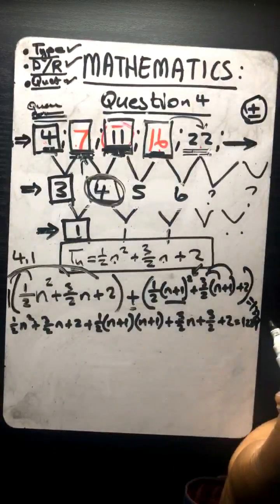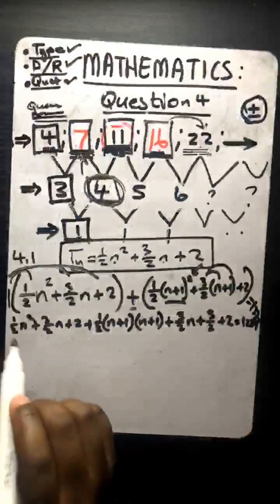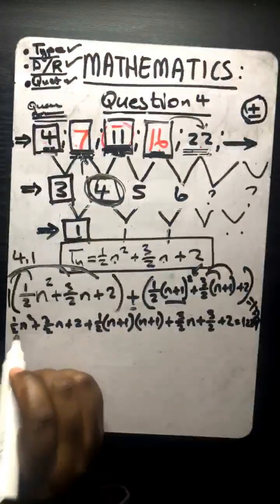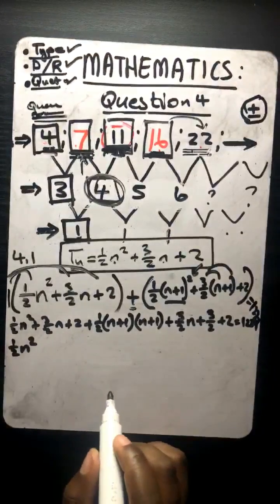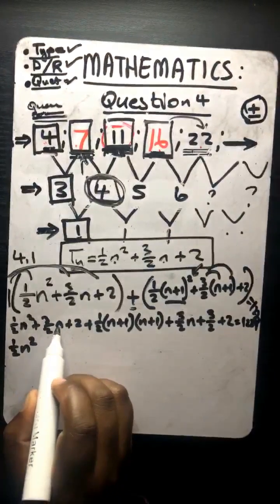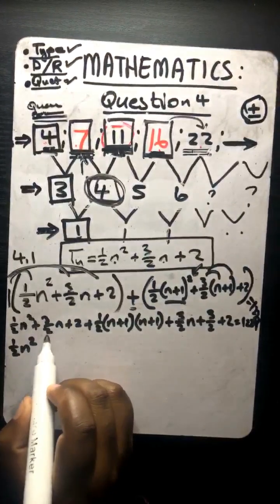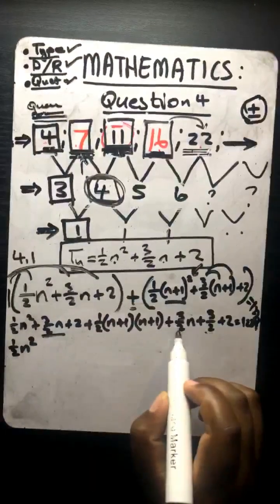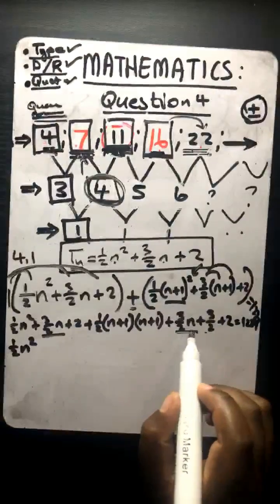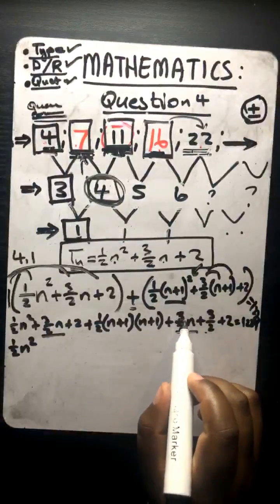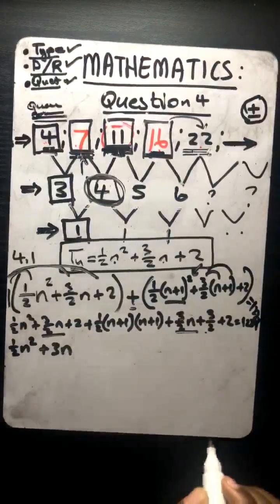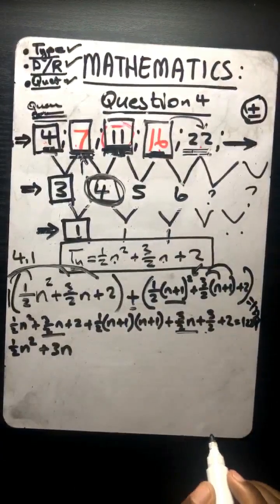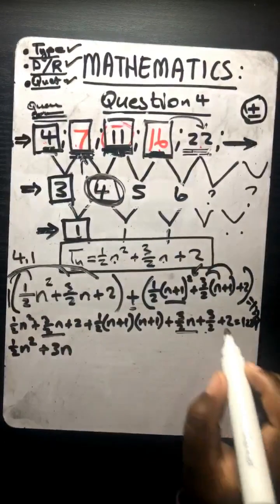Let's see if we can further simplify this. I think in terms of n squared, we only have that one, which is half n squared. But can you guys see that we have 3 over 2n that we can add with that 3 over 2n? This is 1.5 plus 1.5. I think it's 3. Is it not 3, guys? Then we have 3n. Then again, we do have some numbers.